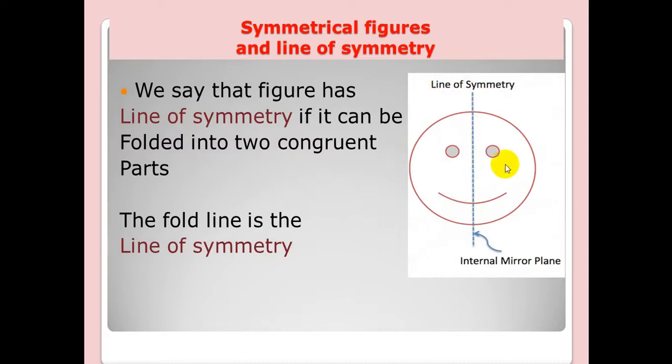Here we have a happy face and the line of symmetry divides it into two congruent parts. Okay, this line is the line of symmetry and the first part is congruent to the second part. This is a line of symmetry and this is a symmetric figure.